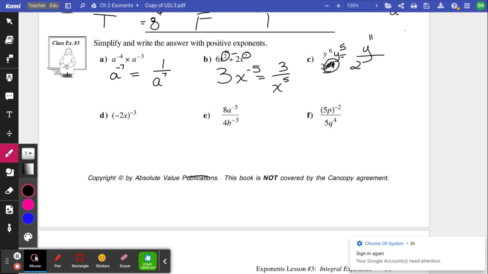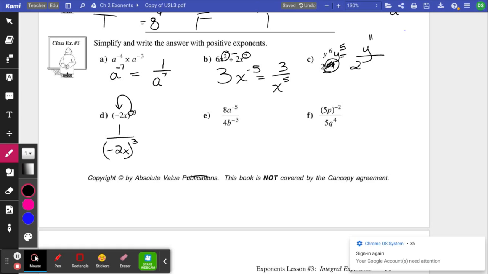What is the base? -2x. Negative brackets 2x, because there are brackets. So this negative applies to the entire base. So I'm going to go 1 over -2x, copy, copy, copy, put the 3 up there. Just copy it all. Just move the thing downstairs, whatever that stuff is.